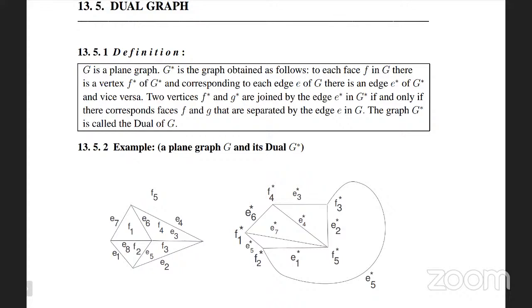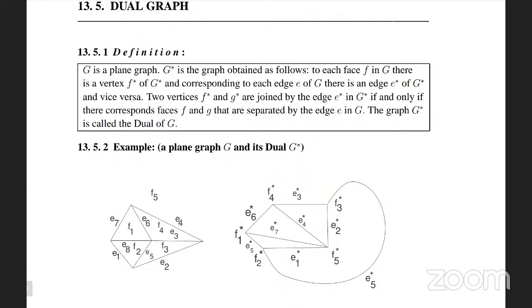Two vertices F star and G star are joined by the edge E star in G star if and only if they correspond to the faces F and G that are separated by the edge E in G. The graph G star is called the dual of G.